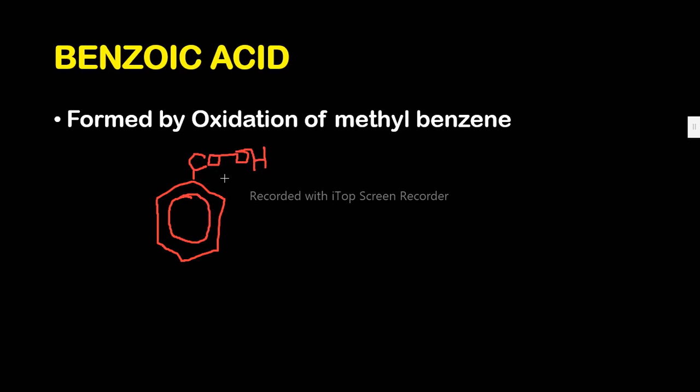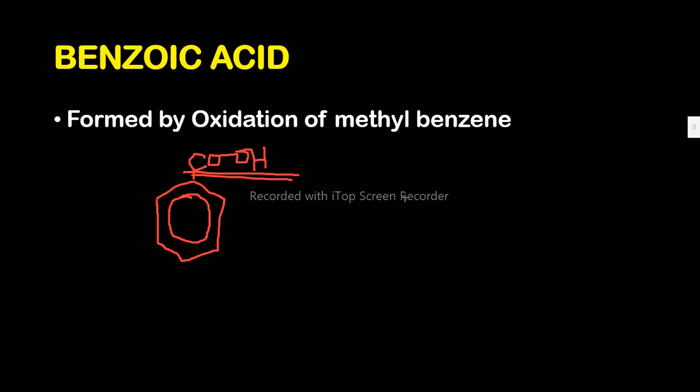So it substitutes the hydrogen. Not so? Yes. And this group has a big impact on the reactivity of this ring. The impact is so much, as we are going to see.